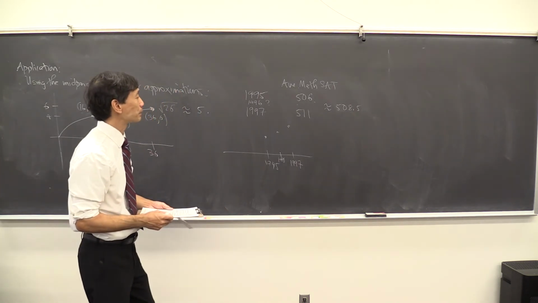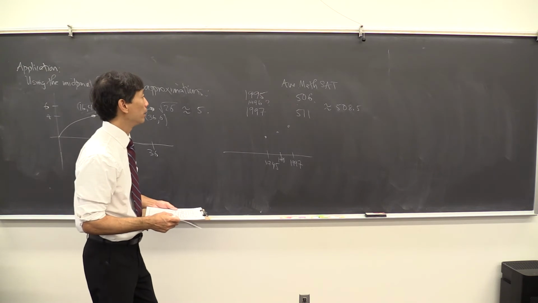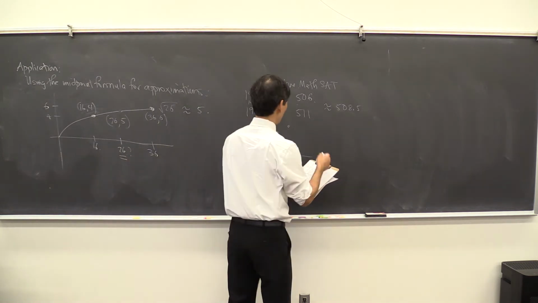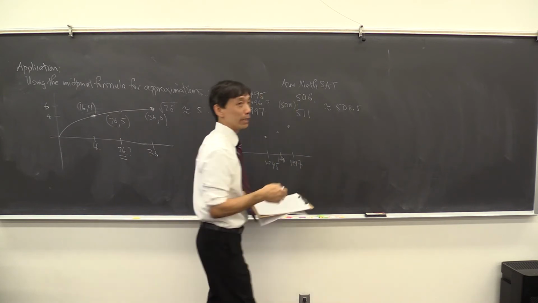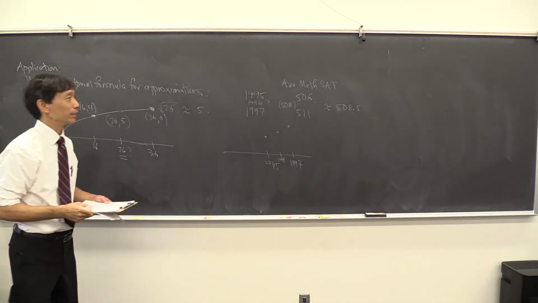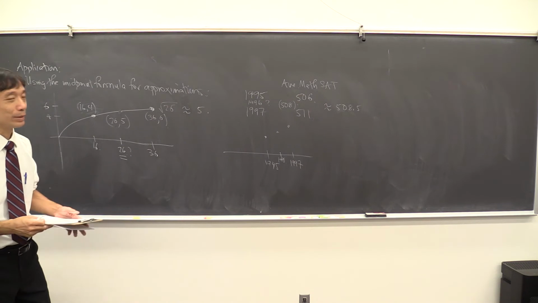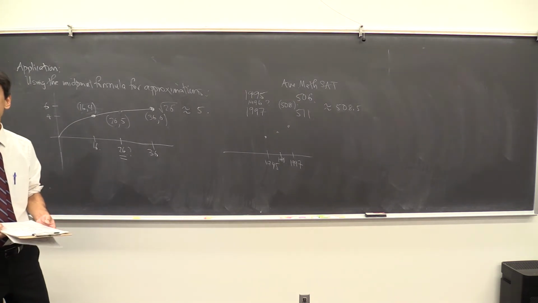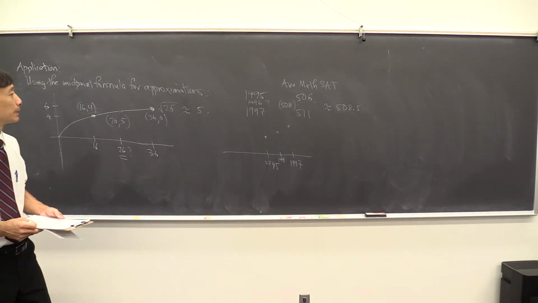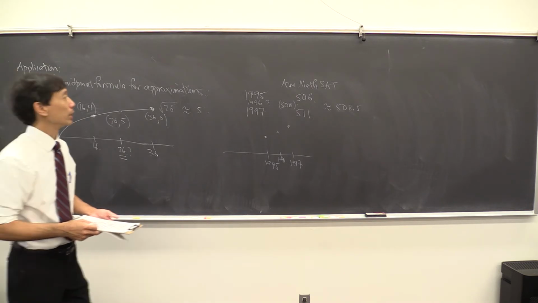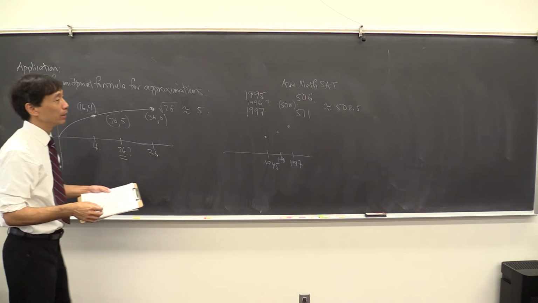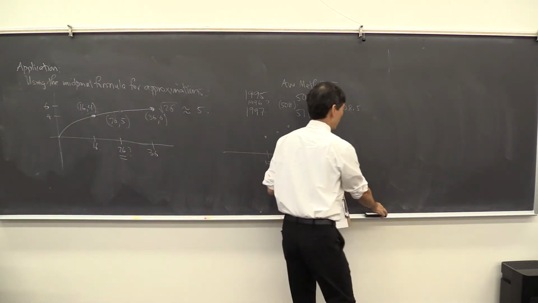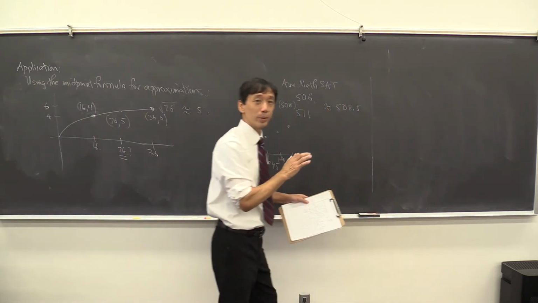And in fact, the score was 508, in reality. So you lucked out, you actually got something that was pretty close. Okay, so this is application of the midpoint formula. Is that pretty clear?